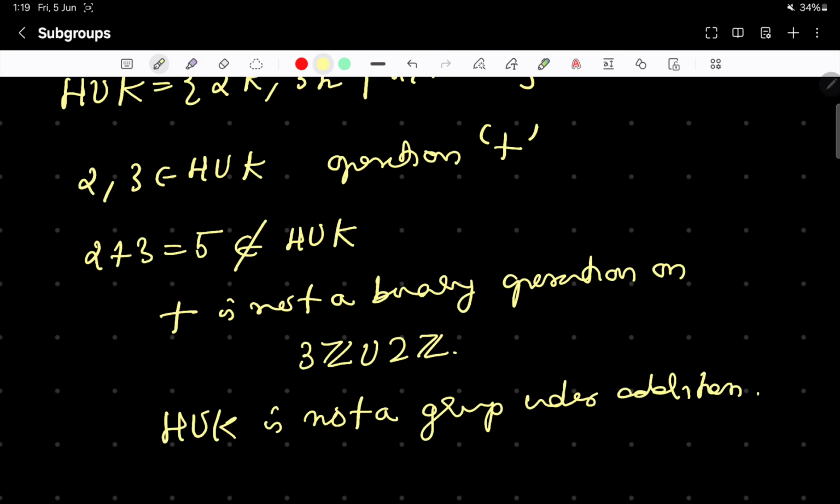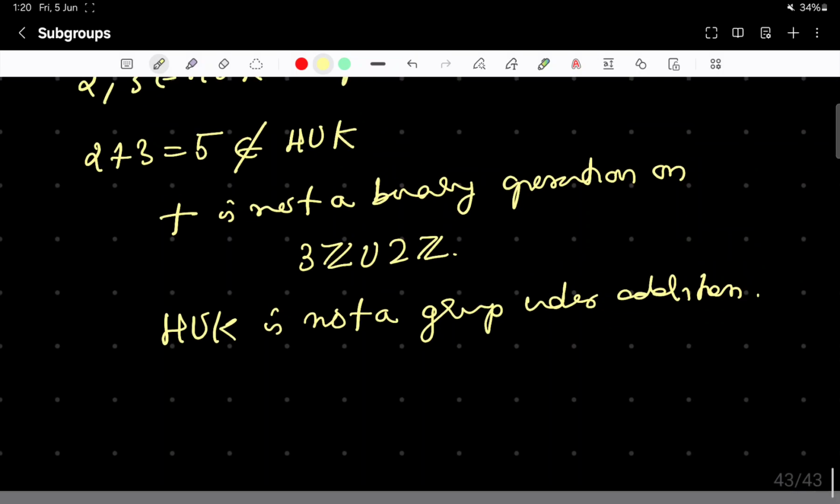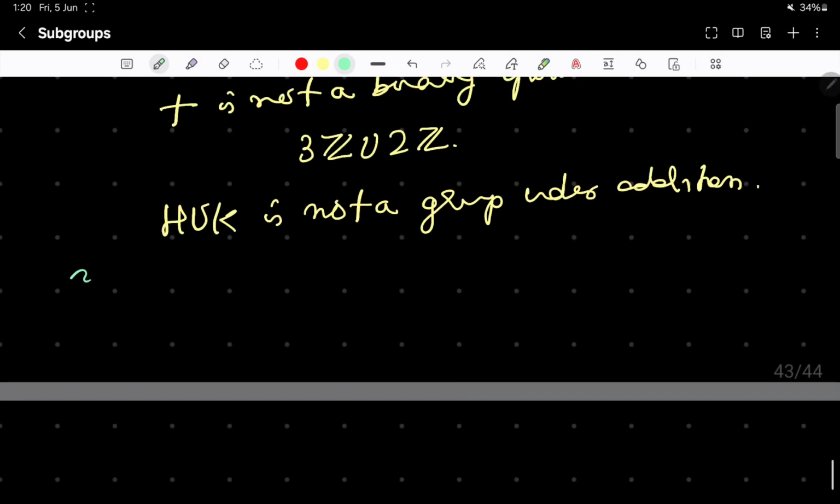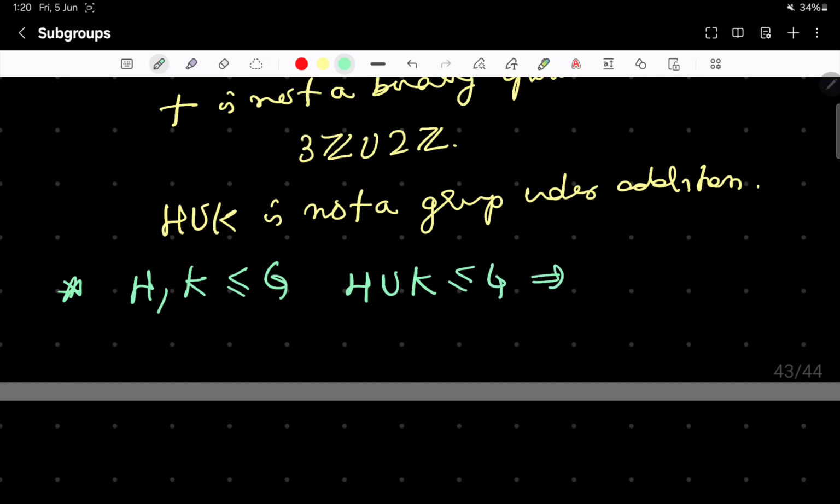So when is it possible? I will give you a hint. If H and K are subgroups of G, then H union K is a subgroup of G only when either H is a subset of K or K is a subset of H. Only in this case can we prove that H union K is a subgroup. Otherwise it is not.